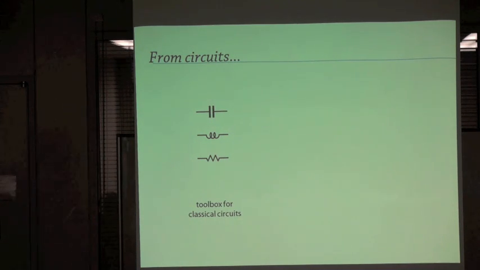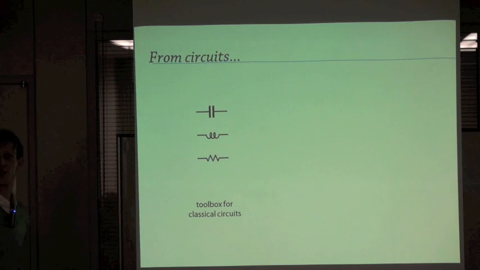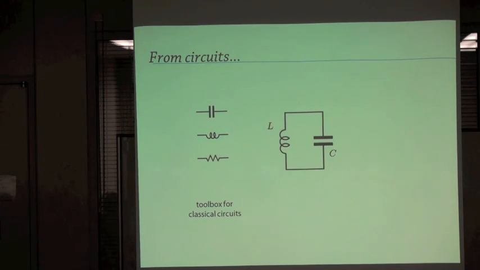So we have a little toolbox with capacitors, inductors, and resistors. One of the simple things we can build with this is an LC circuit. This circuit will have a resonance frequency, omega equals 1 over the square root of LC. And because we want microwaves, we use approximately 5 gigahertz as a resonance frequency.